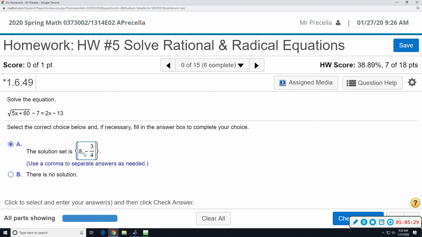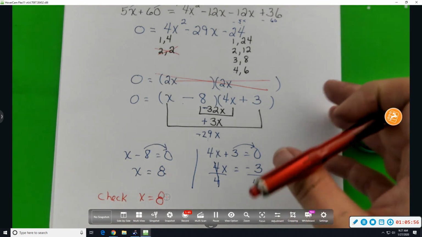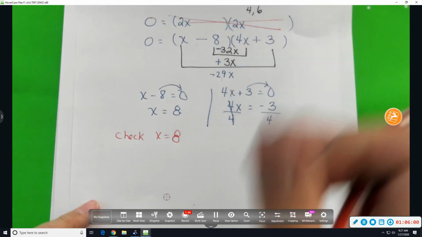Let's check the 8. Why am I checking the 8? Well, that seems like the easiest one. Okay, I'm plugging the 8 in for the x. So where this x is, I'm going to put an 8. And right here, I'm going to put an 8. And I'll show it as I write it out. I'm checking x equal 8. I'm plugging the 8 into the original problem.